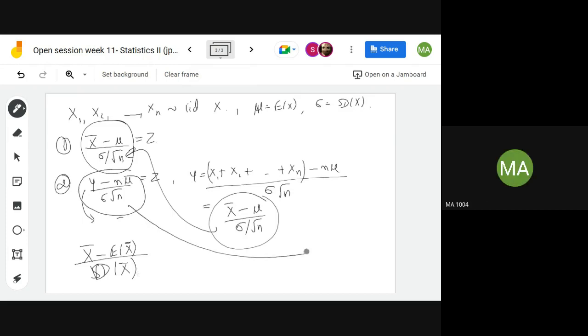Now this is y minus expected value of y divided by standard deviation of y. This is equivalent to standardizing the random variable.